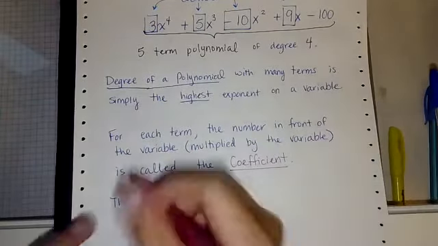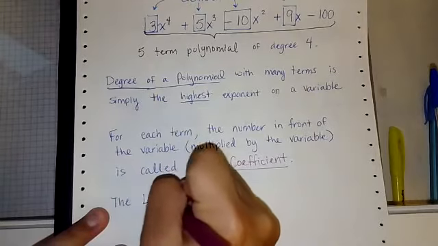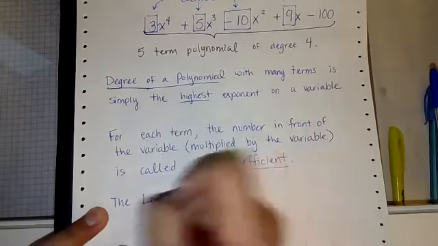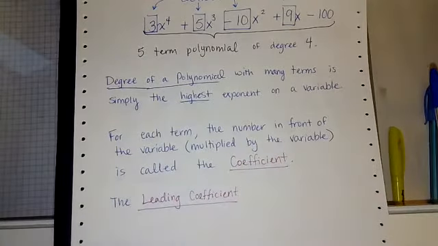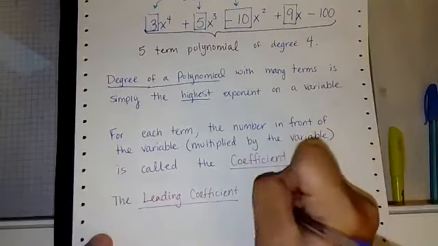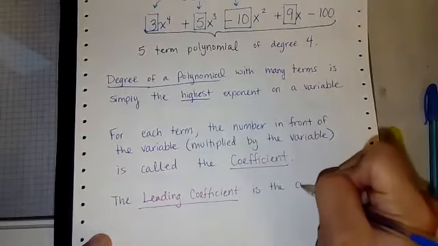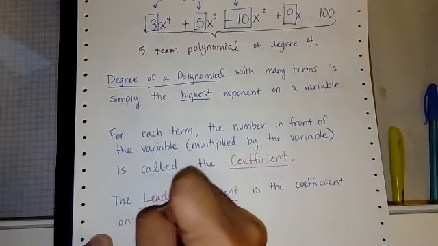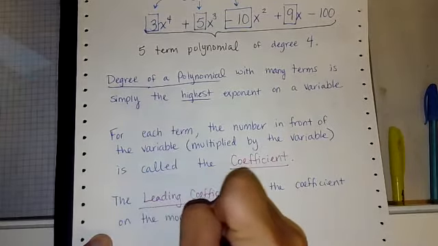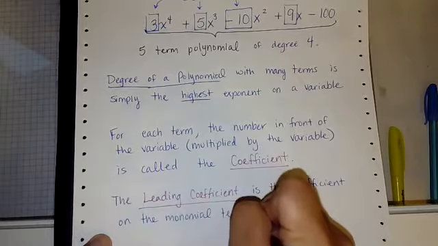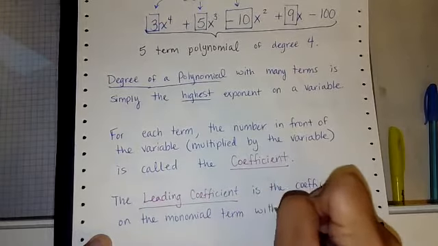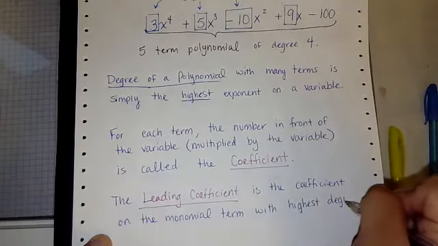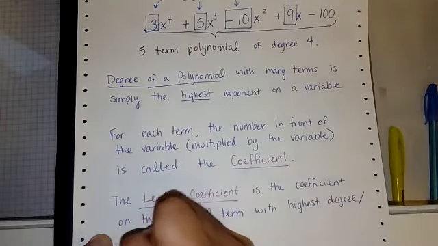And what we call the leading coefficient is the coefficient on the monomial term with the highest degree or exponent.